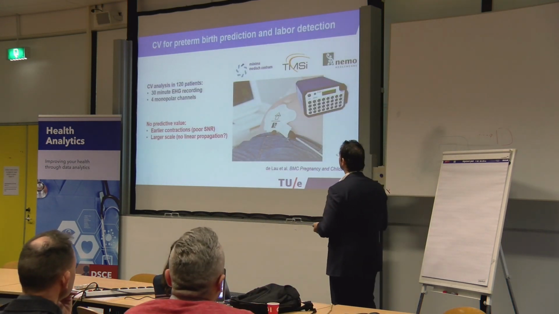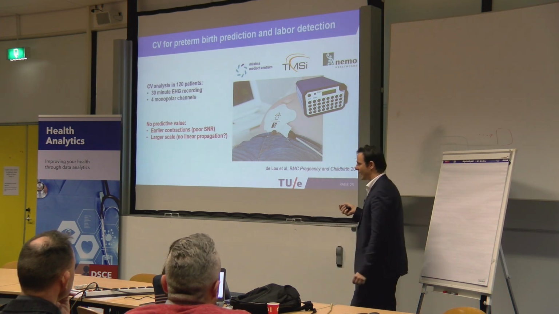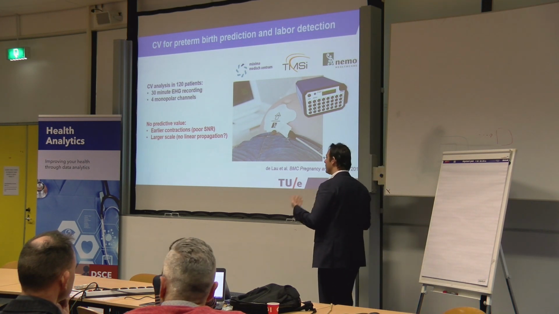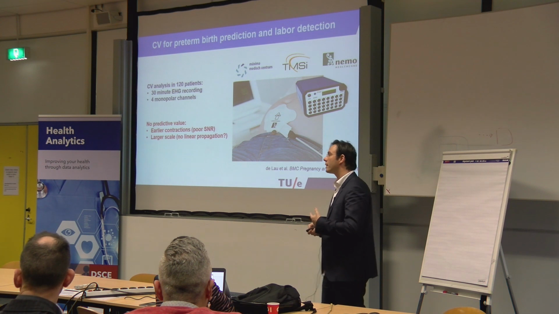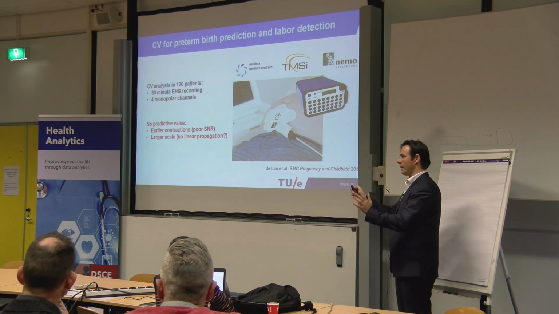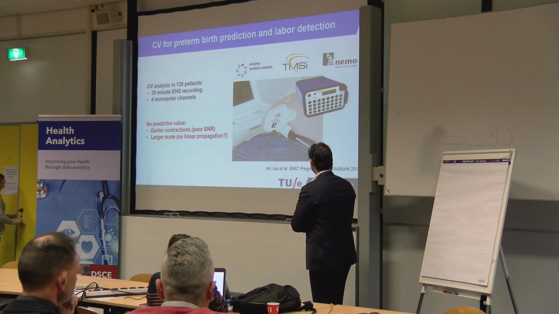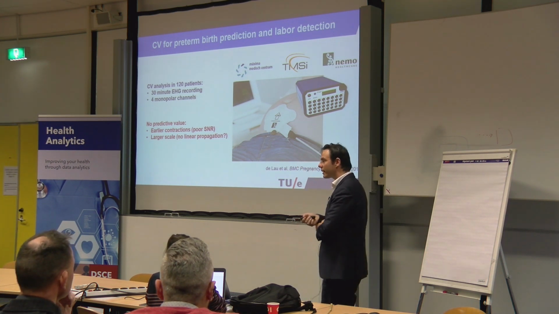However, with a different sensor that is now commercialized by Nemo Healthcare, this approach did not lead to prediction of preterm birth and not even labor within 1 week. So this was a bit disappointing because it was a big trial with 120 patients included.